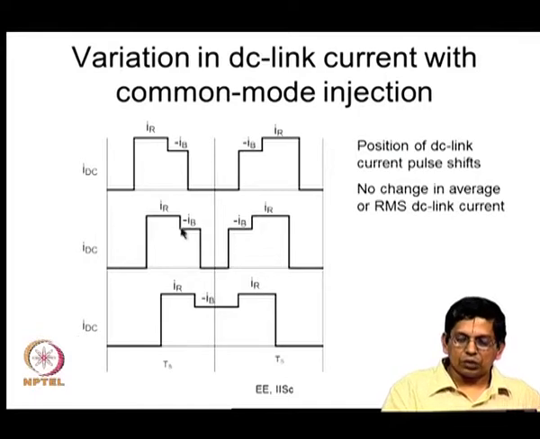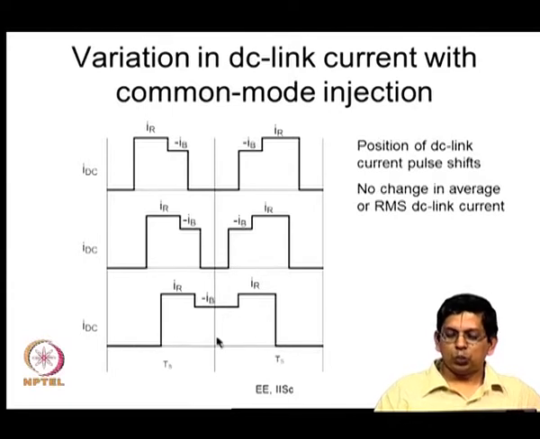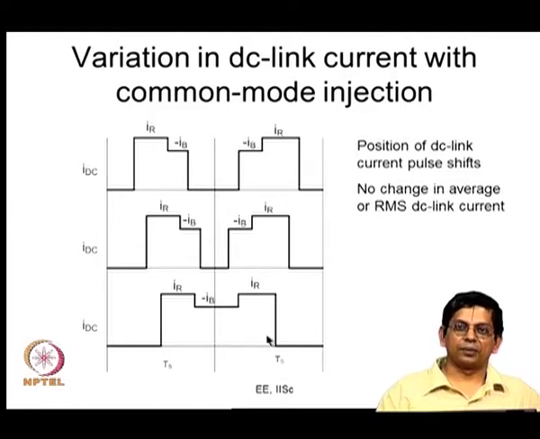I have shown that this is shifting to the right. What happens as an extreme case if T7 becomes 0? If T7 becomes 0, then this pulse and that pulse come and combine with one another, and you get a pulse of this nature, and within every 2 subcycles you will see one such large pulse here, whereas here you will see one pulse in every subcycle.